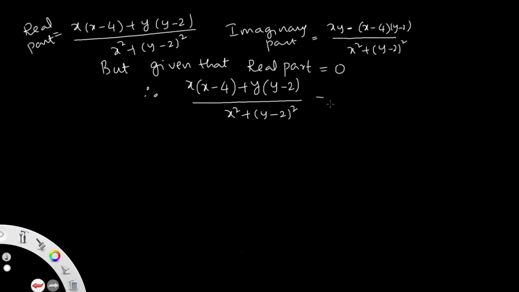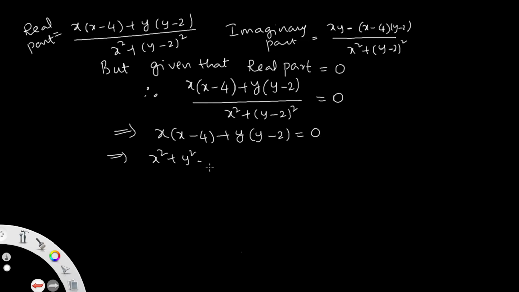That means x into (x minus 4) plus y into (y minus 2) equal to 0. Simplifying, x square plus y square minus 4x minus 2y equal to 0 is the locus of z.